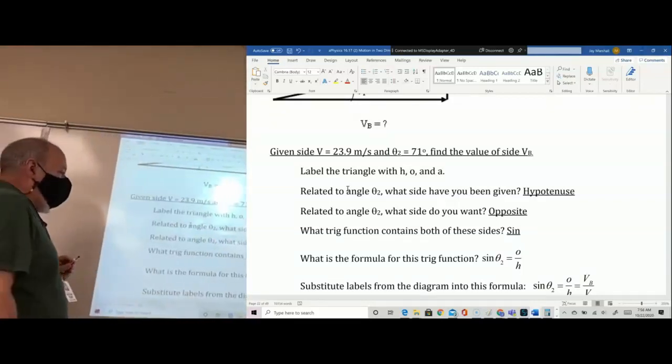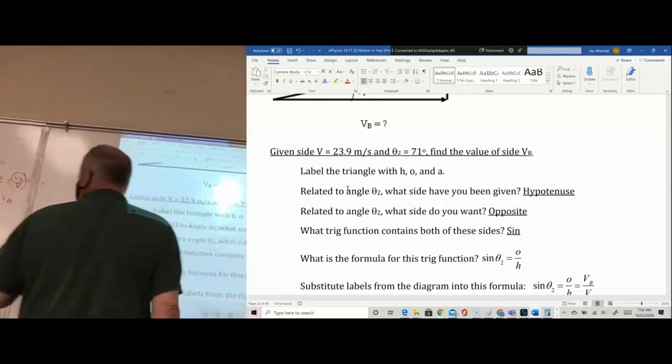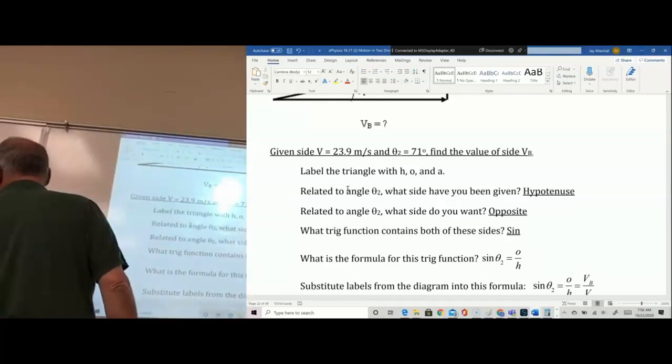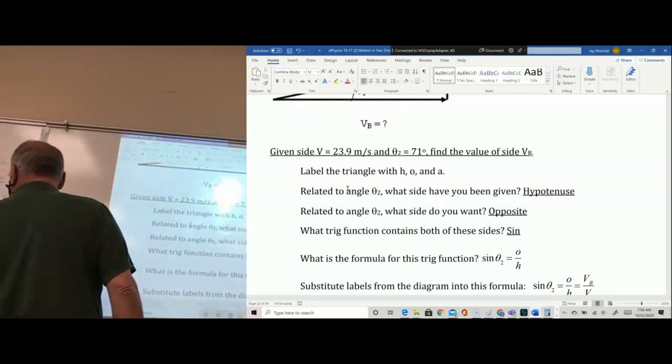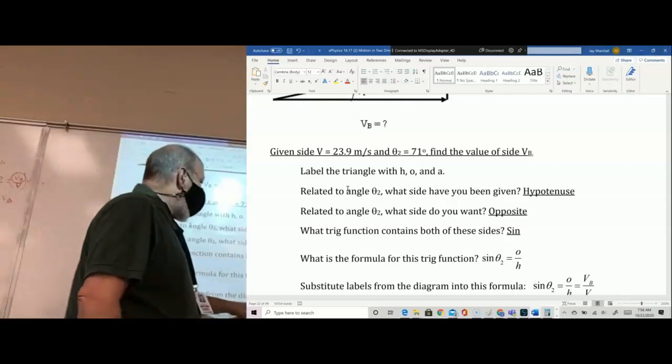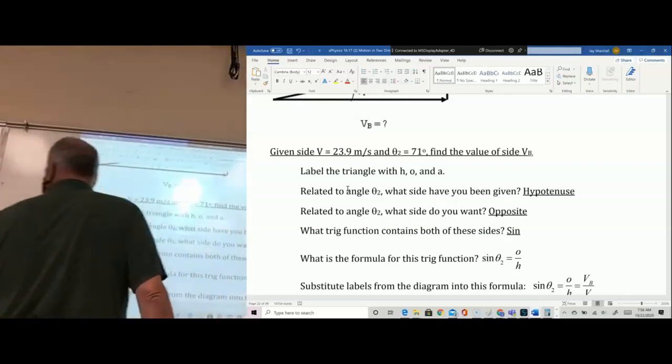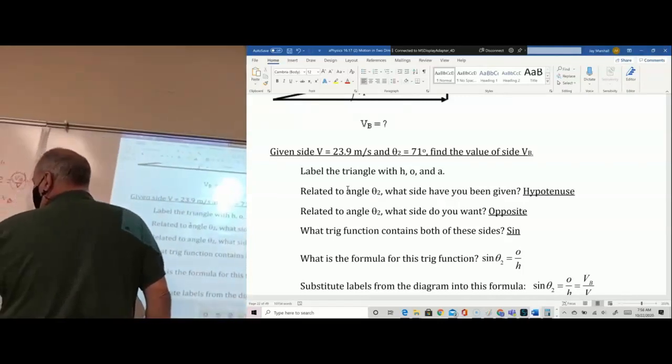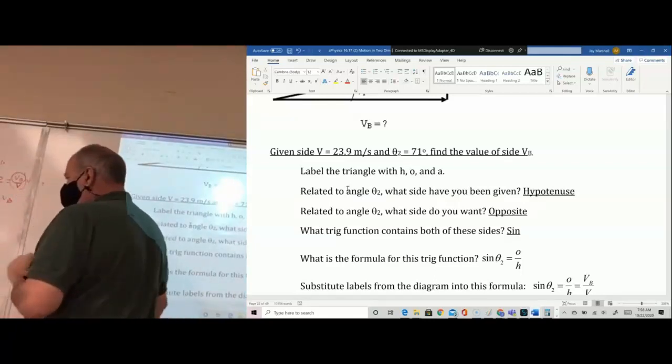So I'm going to write down that formula. I'm going to say sine of theta equals opposite over hypotenuse. But oh, by the way, it's also the same thing as VB over V, right?